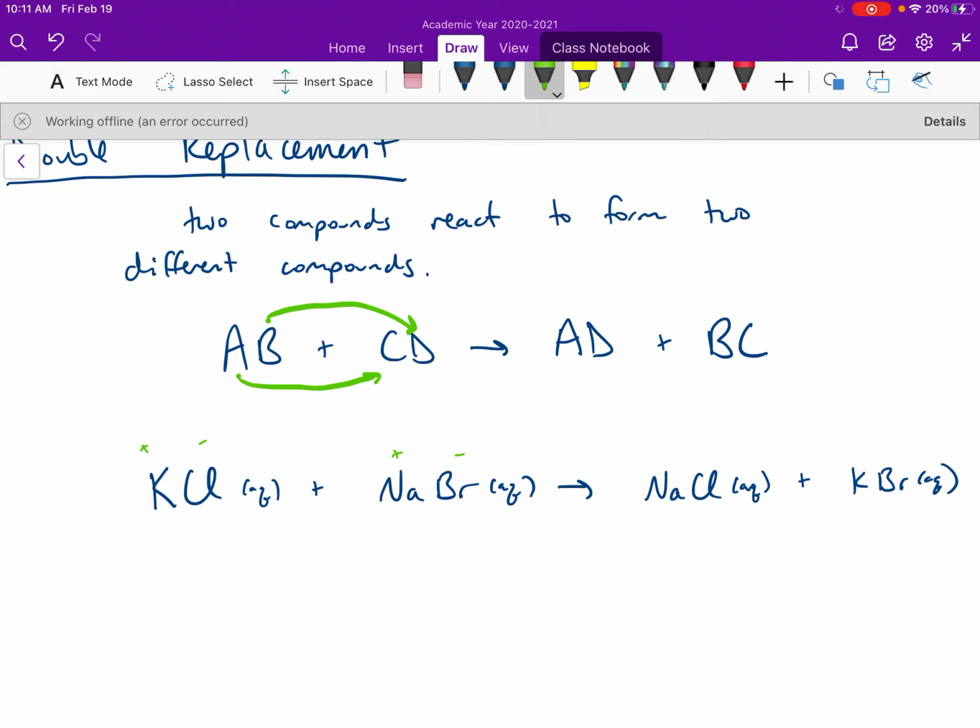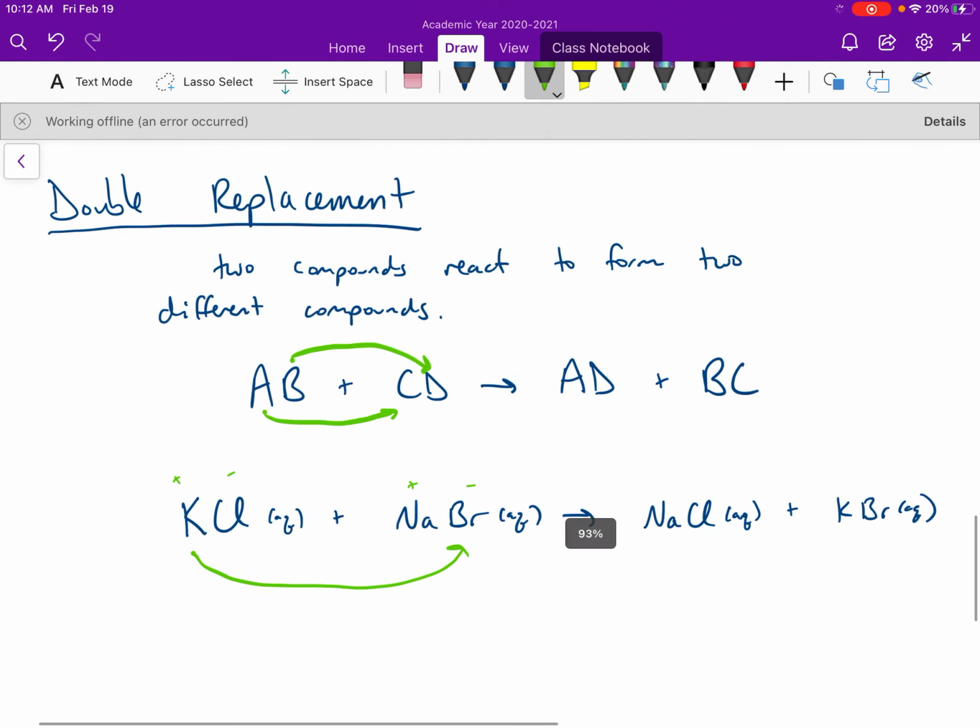So opposites attract, right? So potassium could only go with bromine. It's not going to go with sodium because positive would repel. So this is an example of a double replacement. So when you see two compounds becoming two different compounds, that's called a double replacement. These often can have a precipitate, which is when a solid comes out of solution. We're going to do one of those in class next week, but that just gives you a sense there.